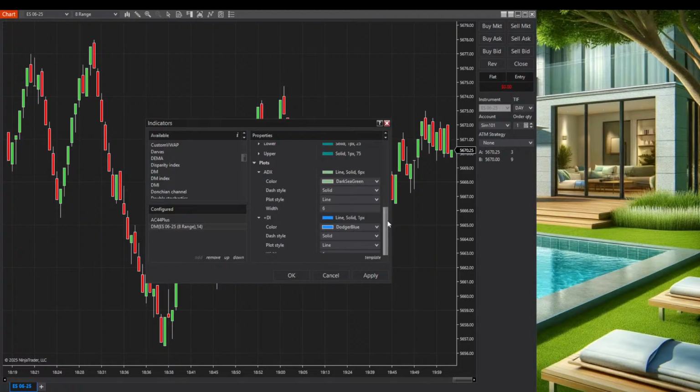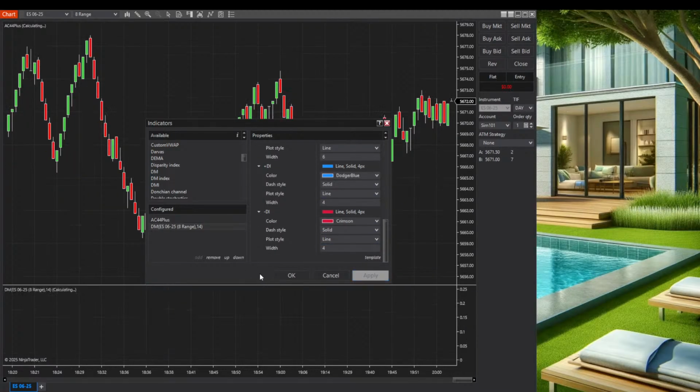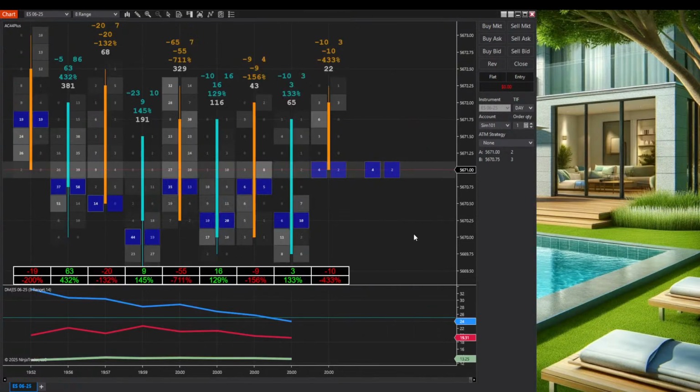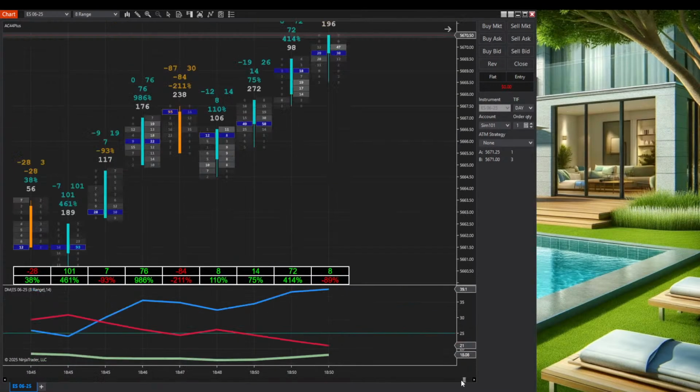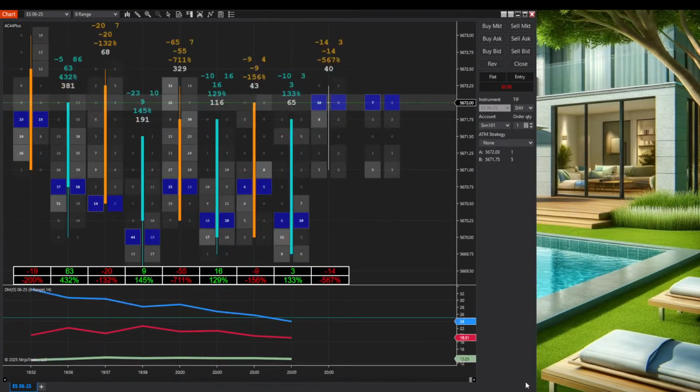This is the momentum, the green, bearish and bullish and bearish lines as well. There we go. Make sure it's working. Okay.